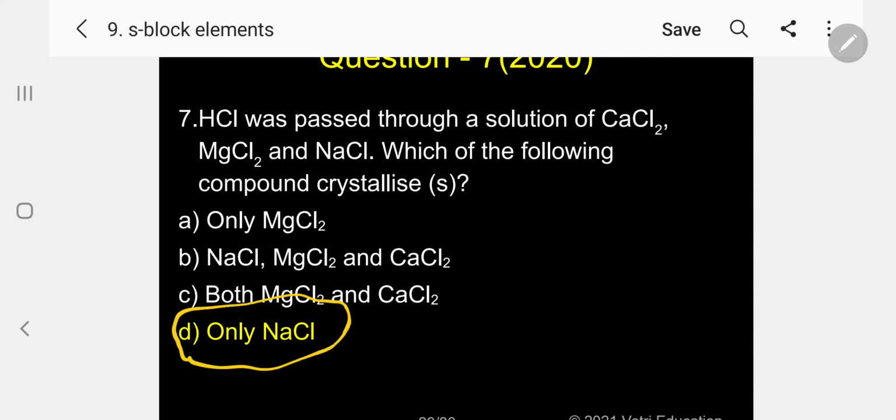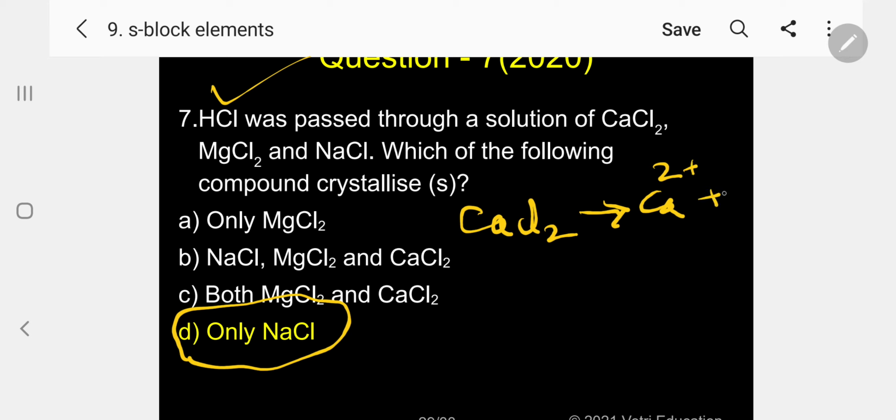So how to understand this one? Kindly follow. We are passing HCl gas through a solution of calcium chloride. Calcium chloride is ionic, so it will ionize in the form of calcium 2 plus and 2Cl minus.